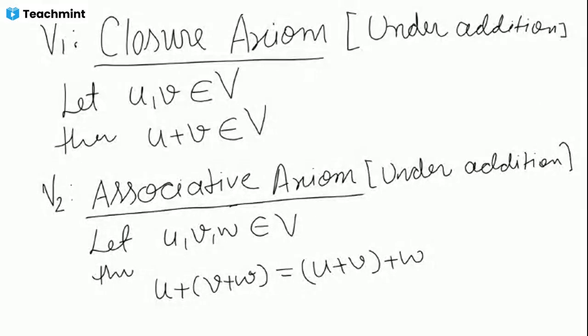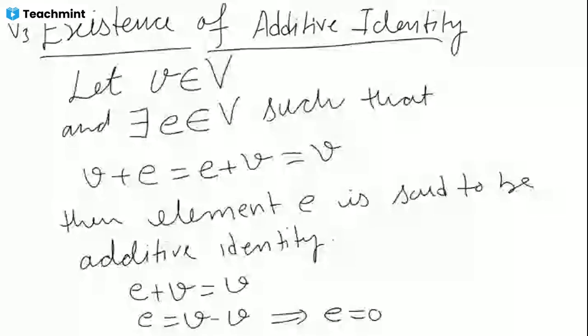The meaning is that there must be a zero element in the set, because to show this non-empty set to be a vector space, we can conclude that 0 is the additive identity.